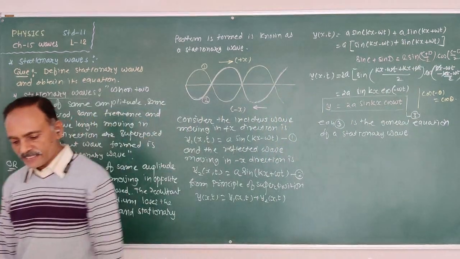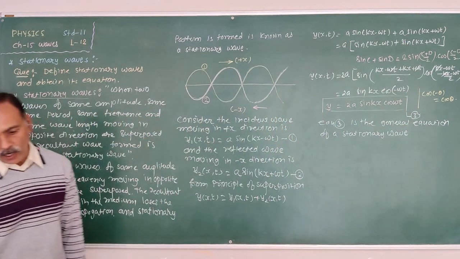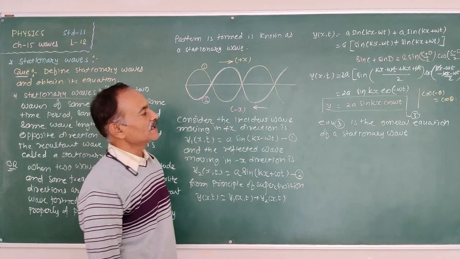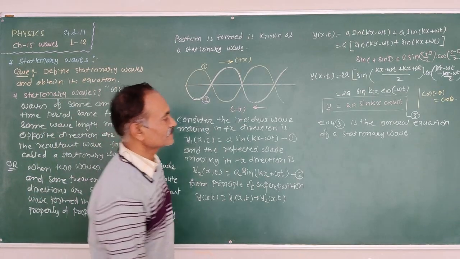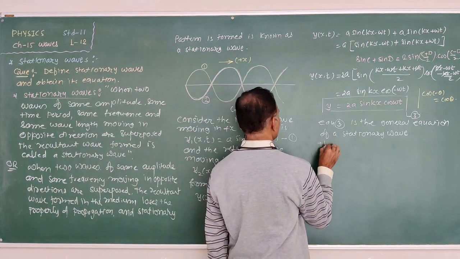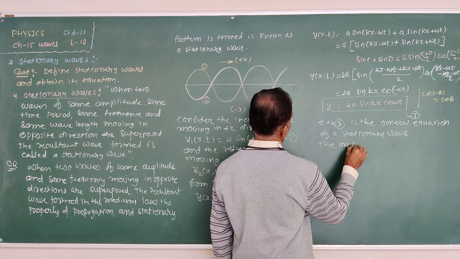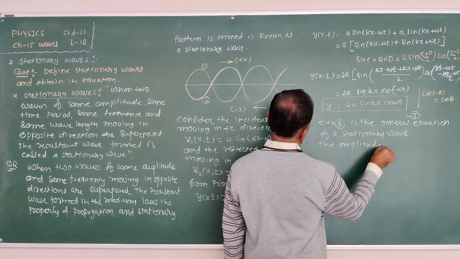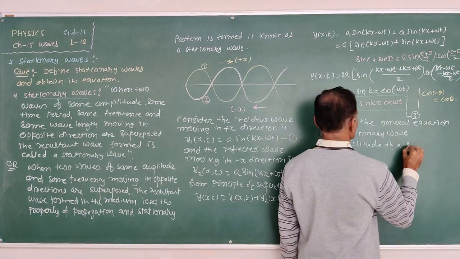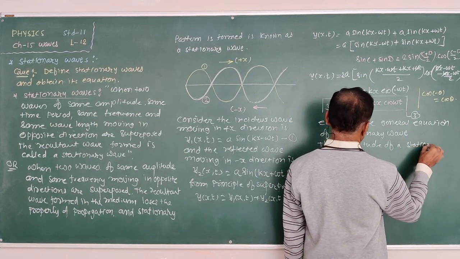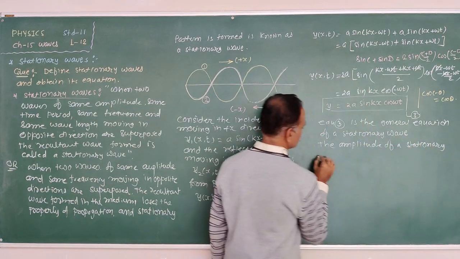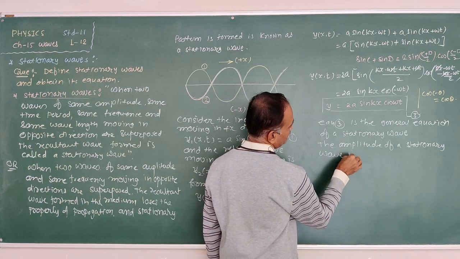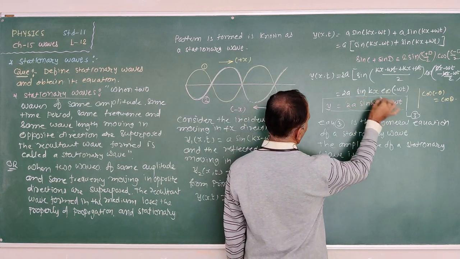Now listen here. The amplitude of the stationary wave is 2a sin kx. This term is the amplitude.